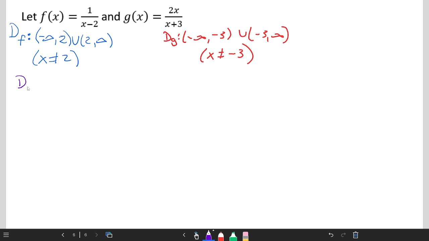All right, so when we're writing down the equation for f plus g and for f minus g, there's not really a whole lot to do.